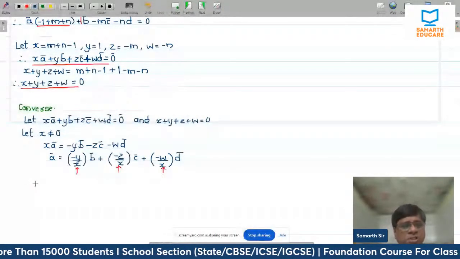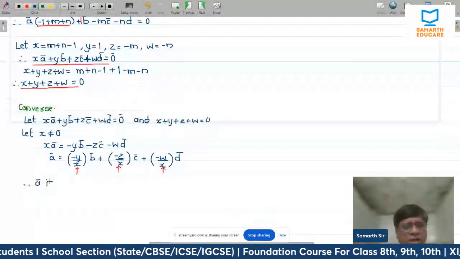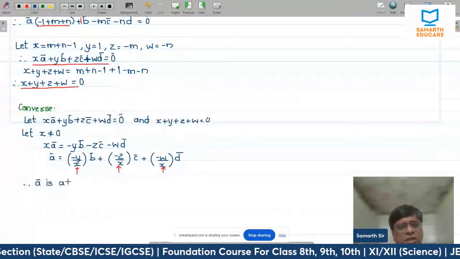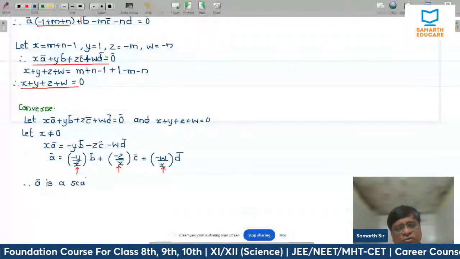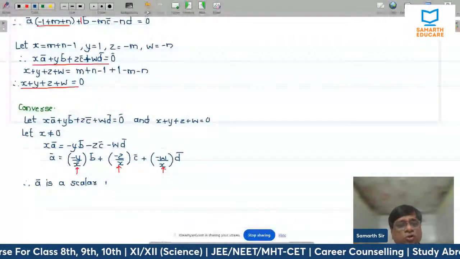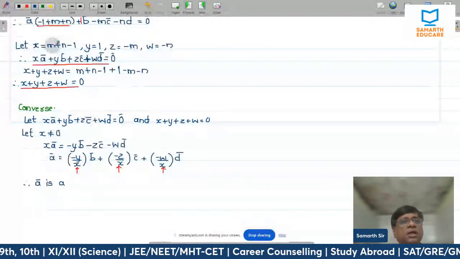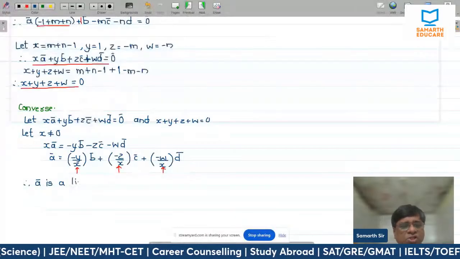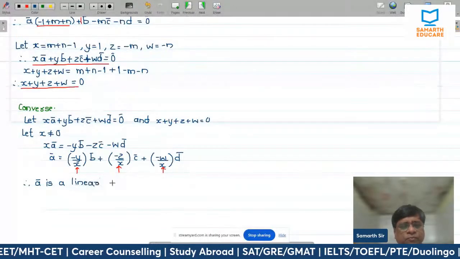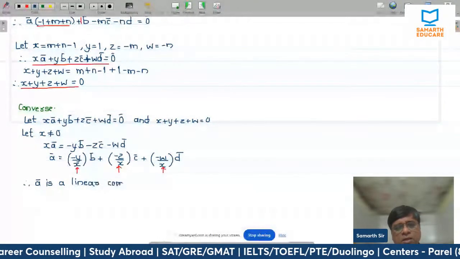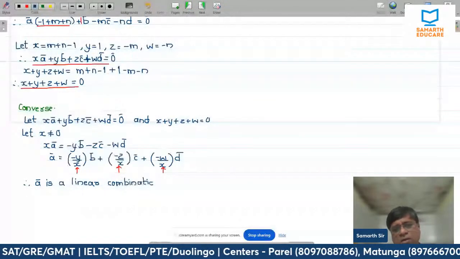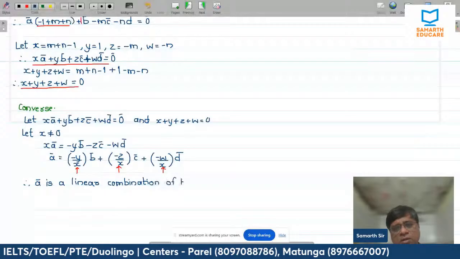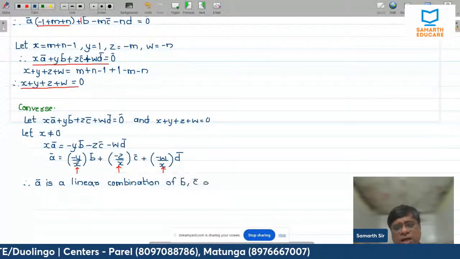That means we can say therefore a bar is a scalar multiplication of, I'm so sorry, not scalar multiplication. It is a linear combination of B bar, C bar and D bar.